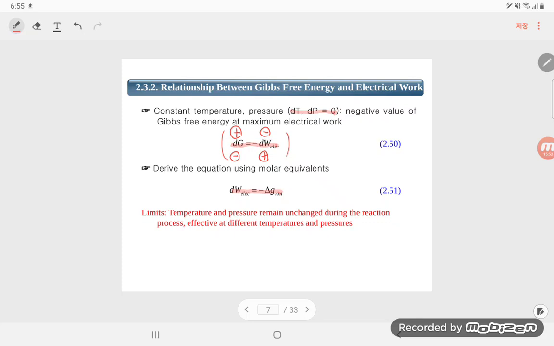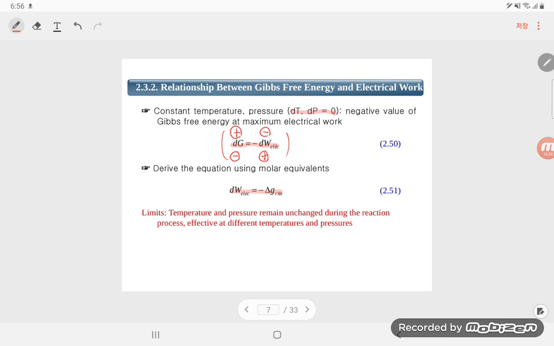So it is effective to assume this condition, right? If we operate the fuel cell, the temperature and pressure do not fluctuate that much. That means we can consider the temperature and pressure to be maintained constant during operation.